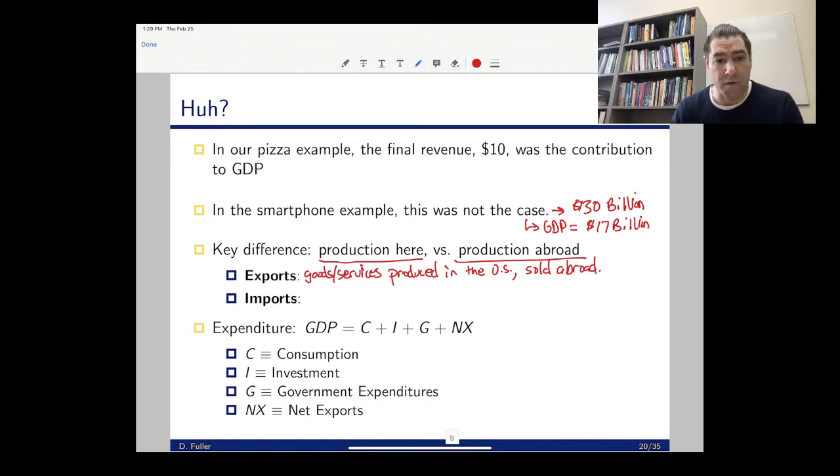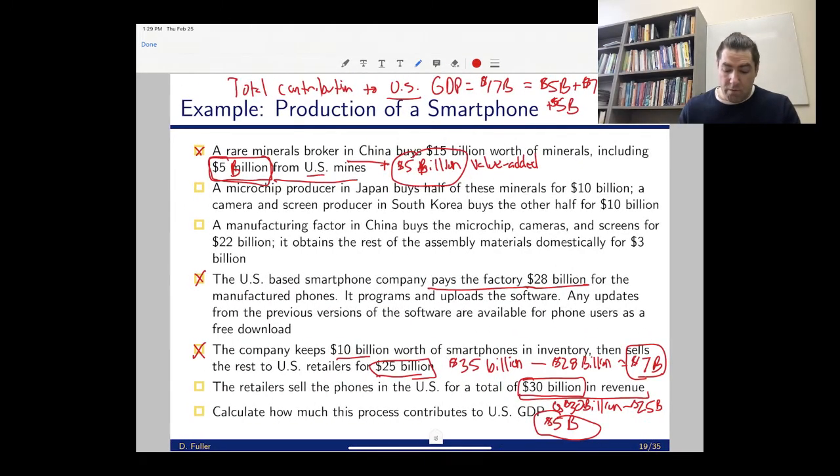The other option, if it's not an export, it's an import, and that is a good or service produced in another country, purchased in the US. Right, so that would be an import, and we had lots of examples of imports in the smartphone production, right? So when we looked at the US smartphone company, let's say Apple, they had imports of $28 billion.